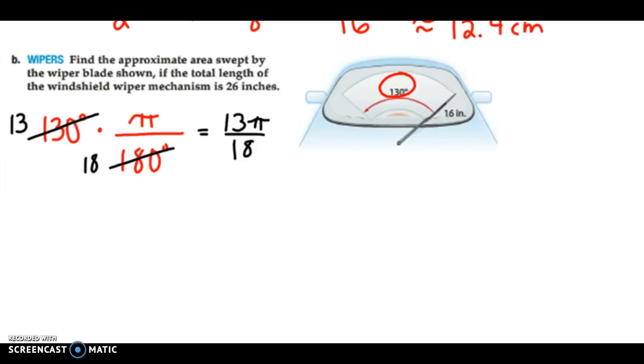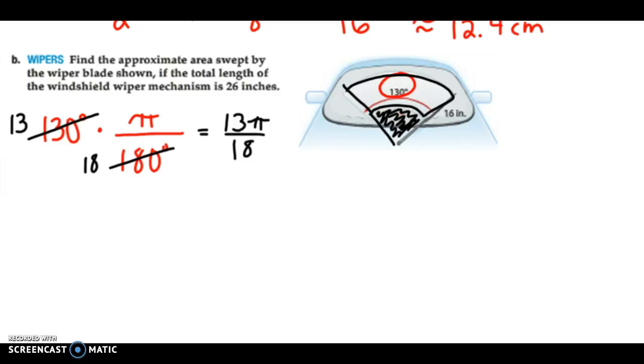Now, if we want to figure out the area, we have to figure out what this is right here, okay? Because we don't want that, we just want the windshield wiper itself, this part right here. So what we're going to have to do is find the area of the whole sector and then subtract out the sector that we don't want.